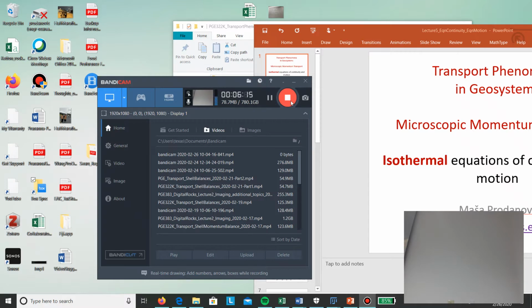That is, a matrix: cosine theta, sine theta, 0; minus sine theta, cosine theta, 0; 0, 0, 1; multiplied by the same vector in x, y, z. Do you all see that? This is a matrix vector multiplication. And the other way, the same, and actually these two matrices are inverse of each other.